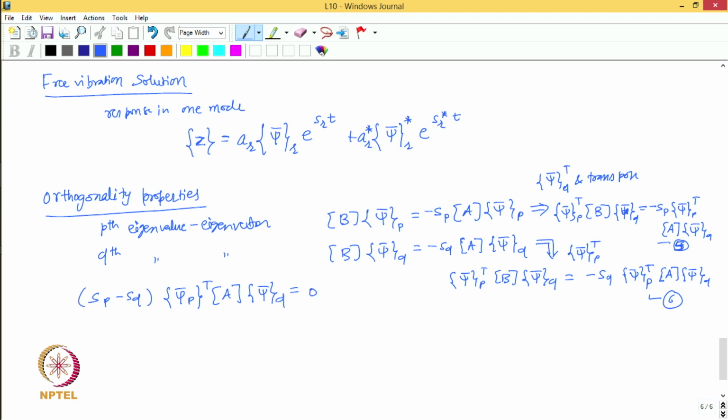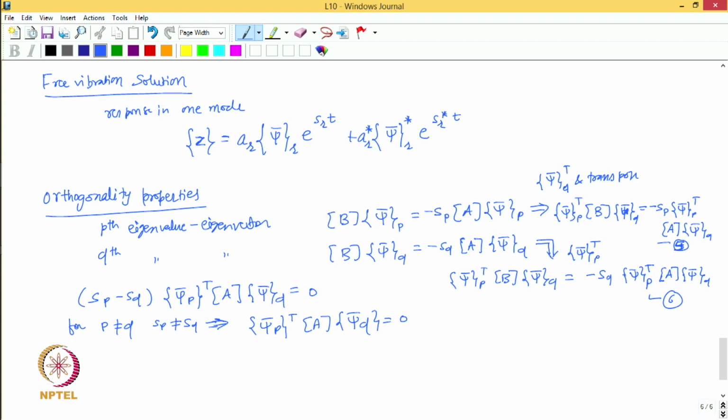So, they cancel out and we are left with this equation. And if the eigenvalues are distinct, then for p not equal to q, S_p will not be equal to S_q, and therefore we must have psi bar p transpose A psi bar q equal to 0.